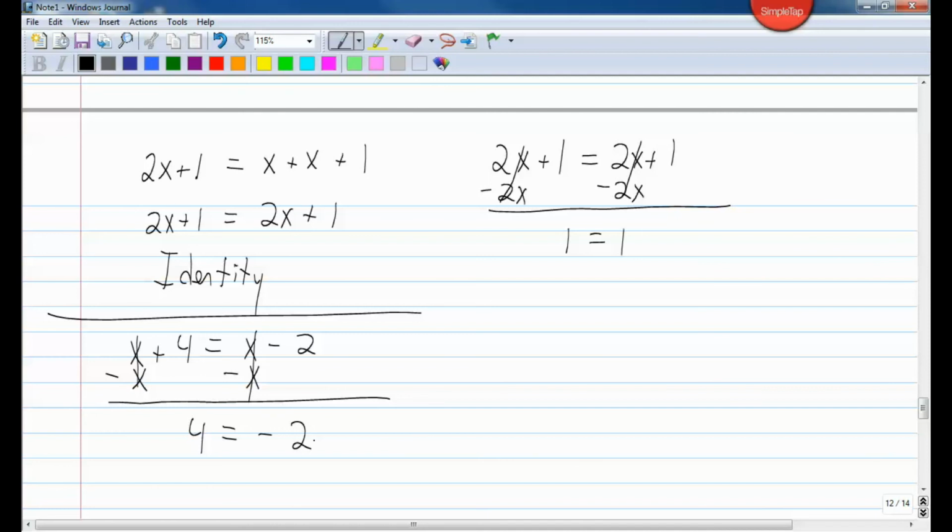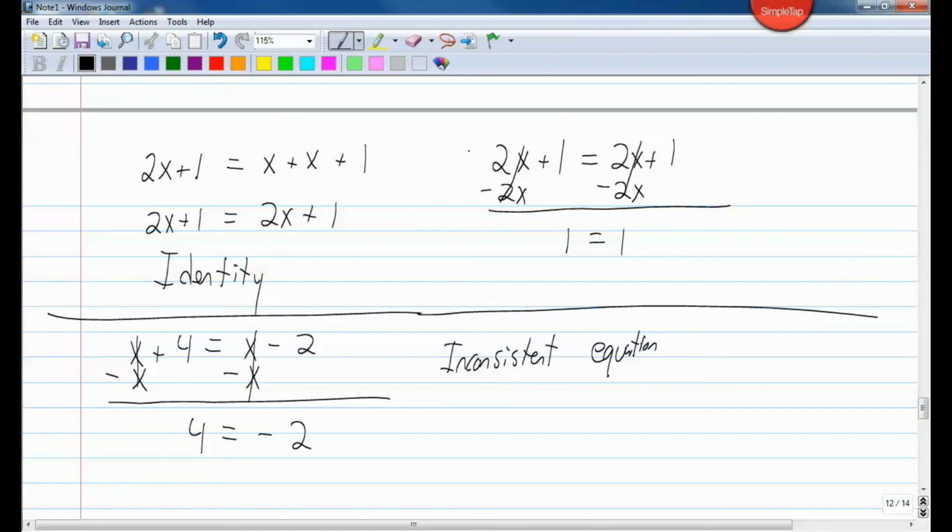That means that this is an inconsistent equation. So you start working things out, the variables cancel out, and you have a constant equals a constant, and they're different. You get a false statement. That's an inconsistent equation. That means that it doesn't matter what you plug in, you're never going to get the same thing on both sides of the equation. You go back up here to the original equation. It doesn't matter what you plug in, you can never get the same thing on both sides of the equation.